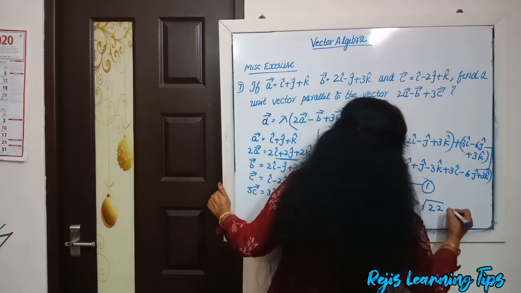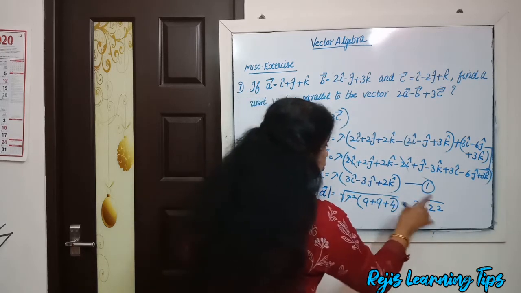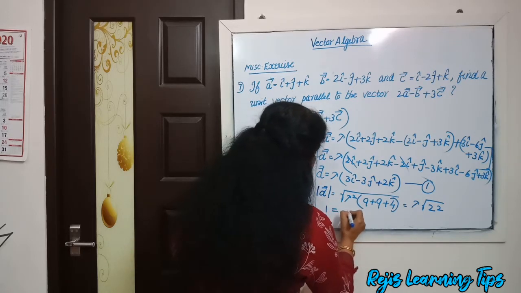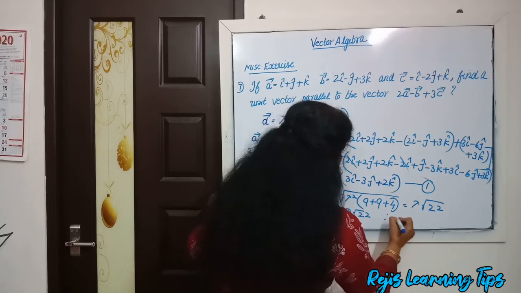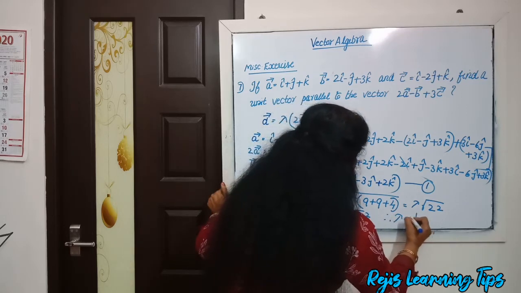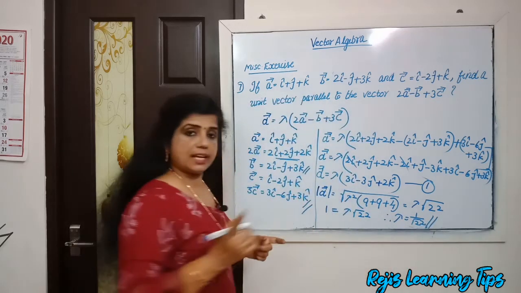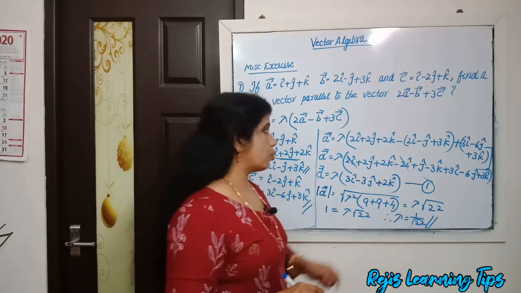So modulus of lambda into root 22, then modulus of vector D means that is 1. 1 is equal to lambda root 22. Therefore, lambda is equal to 1 by root 22. Am I correct? So lambda is equal to 1 by root 22.